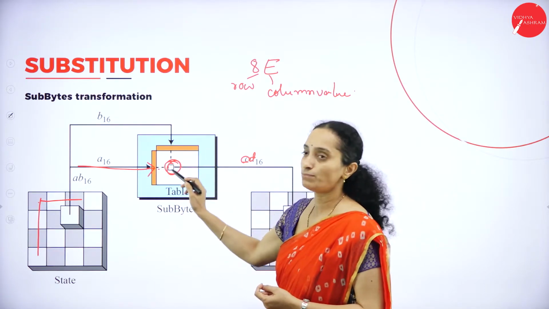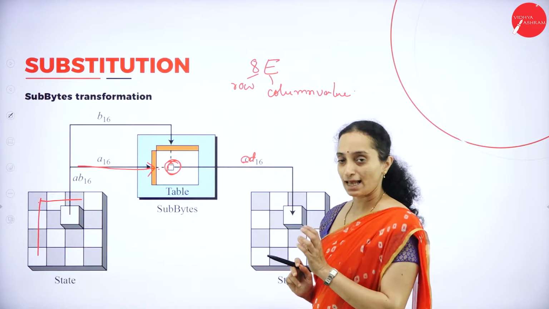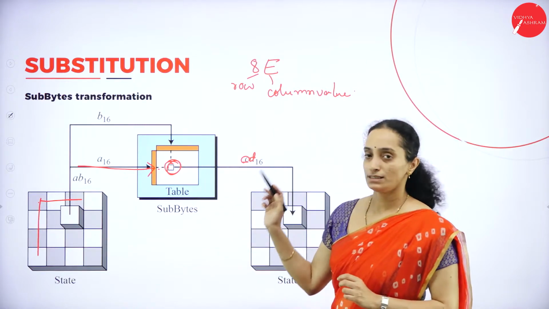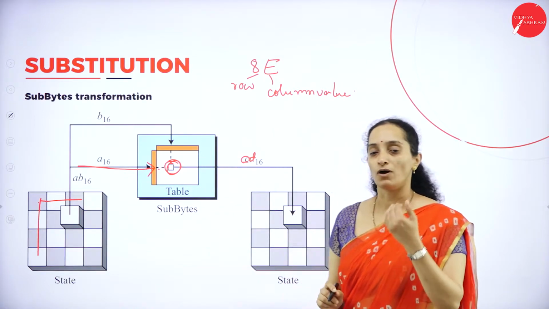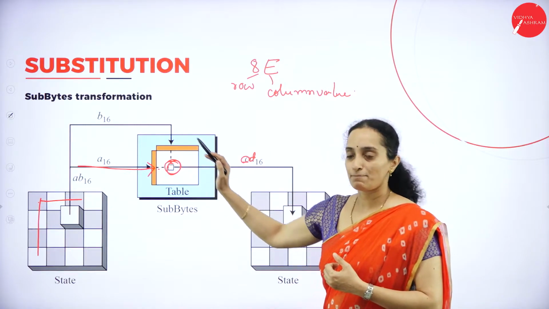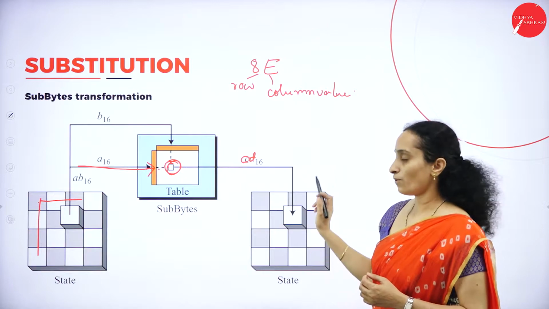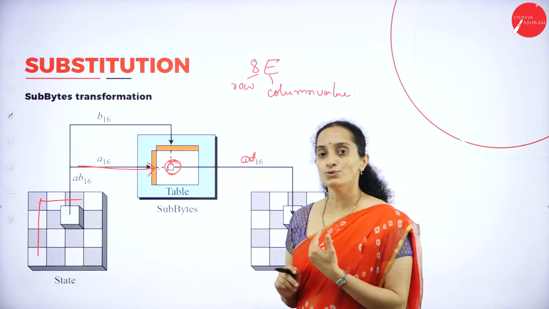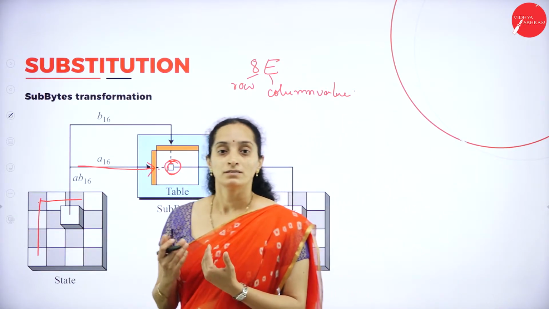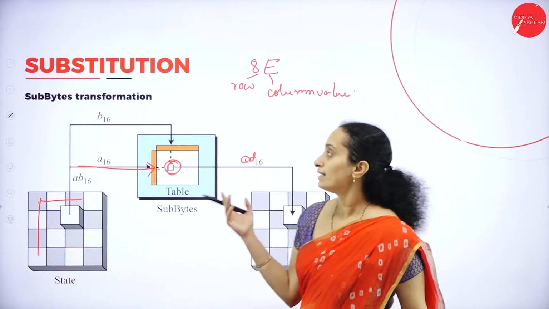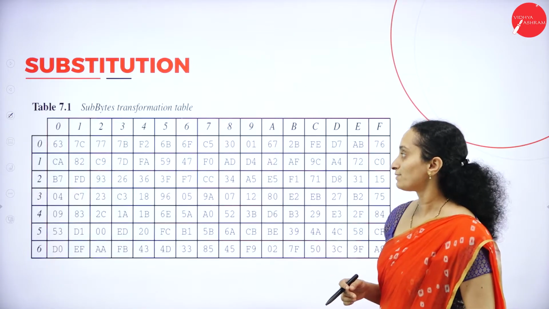When A and B intersect at a cell, that cell value, say CD, is used to substitute the AB. So this will be stored as the new transformed byte. This is the sub-byte transformation.